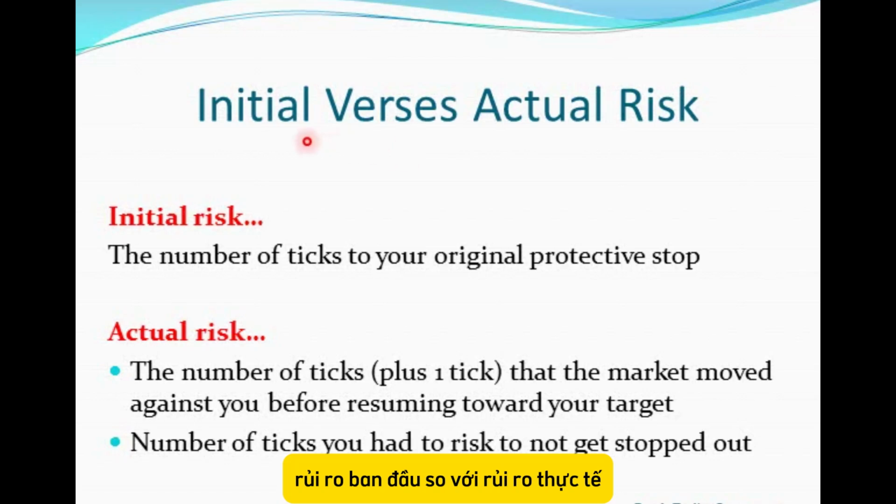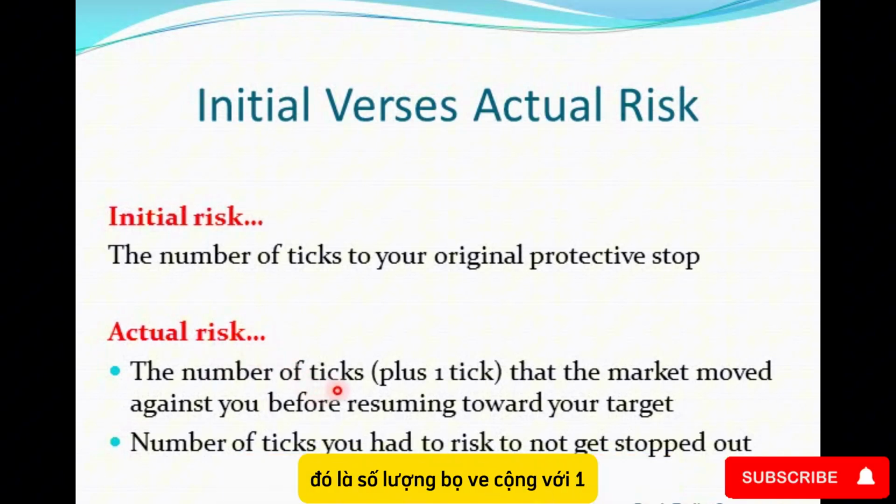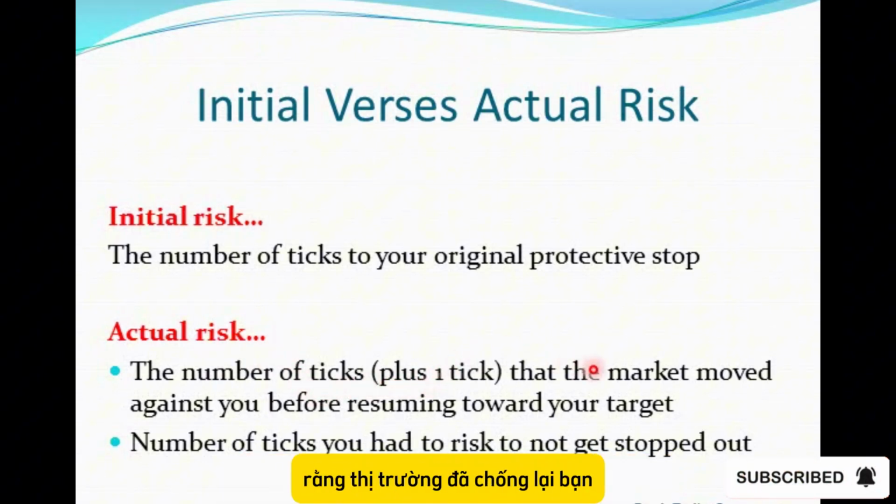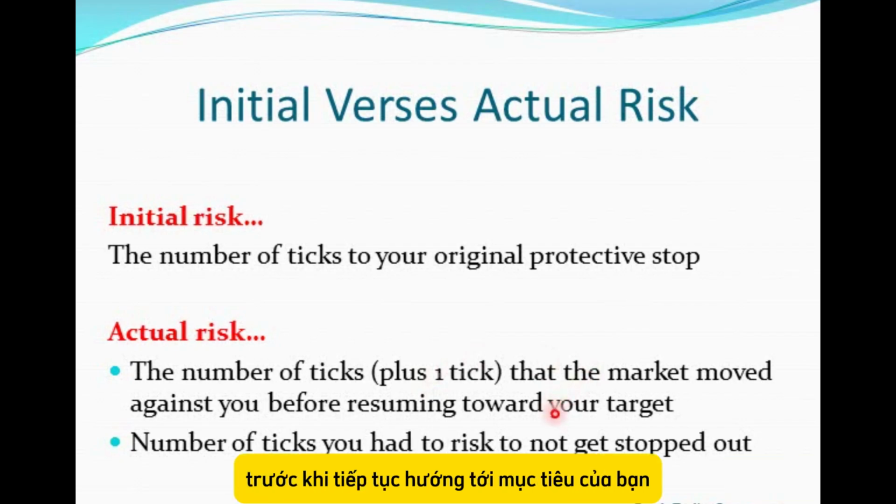Initial risk versus actual risk. The initial risk is the number of ticks to your protective stop, your original protective stop. The actual risk, I've talked about this many times, is the number of ticks plus 1 that the market moved against you before resuming towards your target.